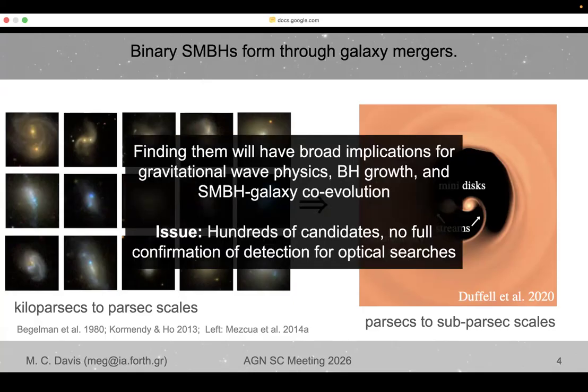Finding them has broad implications for many areas of physics. A couple are there. The issue is photometrically, optically. Again, photometrically, optically, that's my work. All the other regimes, spectroscopic, not me yet. Okay. We have hundreds of candidates, but no full confirmation of detection yet. And over the next couple slides, I'm going to show you exactly why.